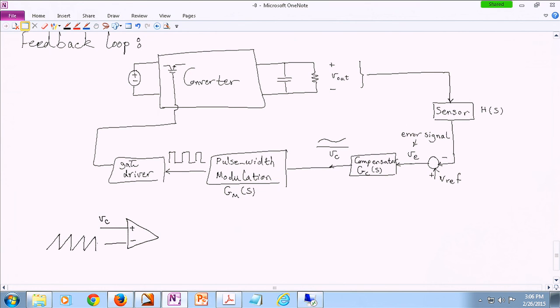Okay, so internally you are generating a kind of a sawtooth waveform. If you are curious about how a sawtooth waveform could be generated, you can actually have a tiny little source of current, very constant, and then charge a capacitor. Because the capacitor is integrating that current, the voltage of the capacitor gradually rises.